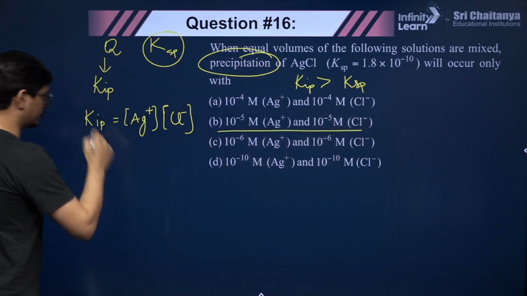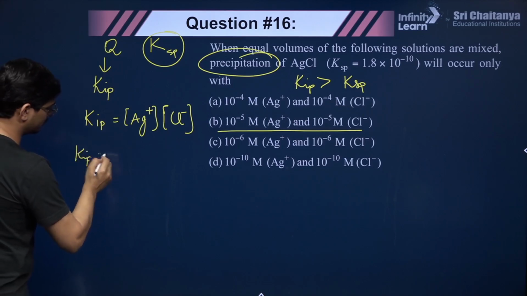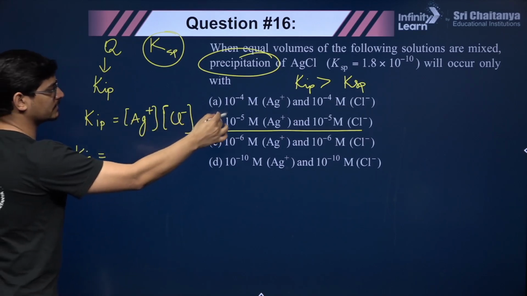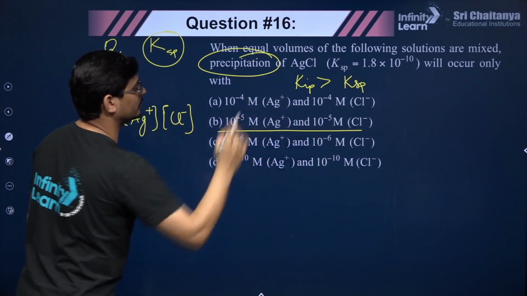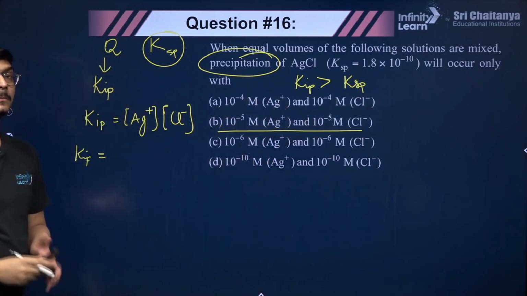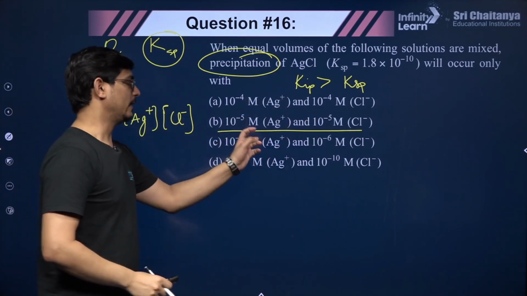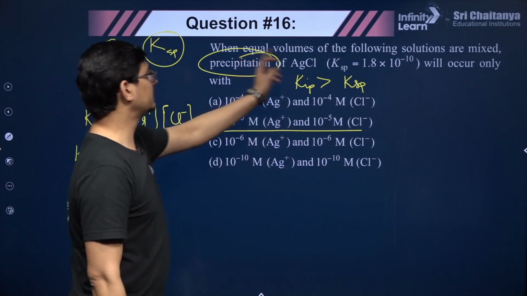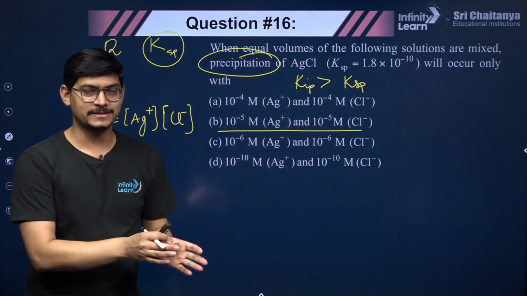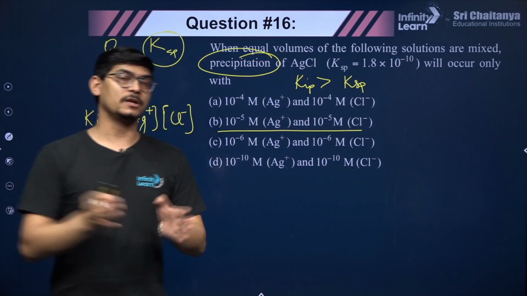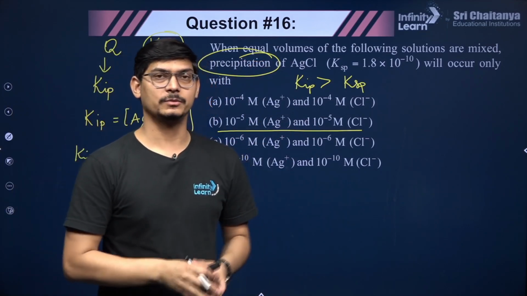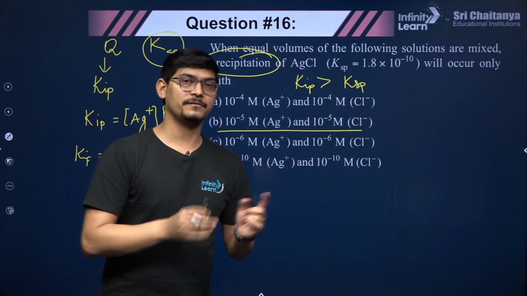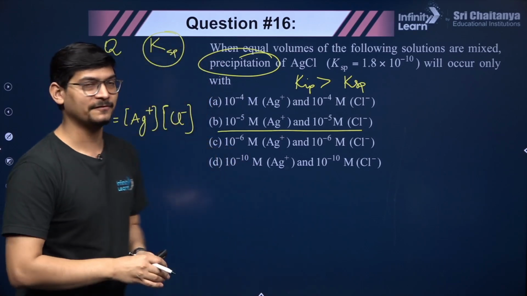For example, I'll take the second option, let's say. Okay, so KIP would be, now the concentration of silver is 10 to the minus 5 molar, concentration of chloride is 10 to the minus 5 molar. But that was when they were not mixed. When you mix equal volume, 1 liter of, let's say, silver, 1 liter of chloride, total volume is 2 liters, right? So volume has doubled from 1 to 2 liter, concentration will become half, right?